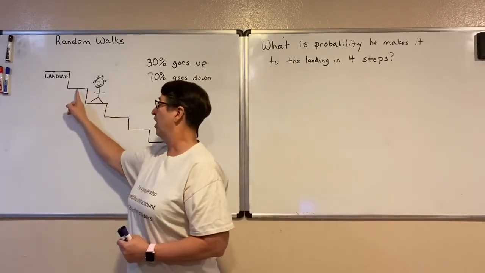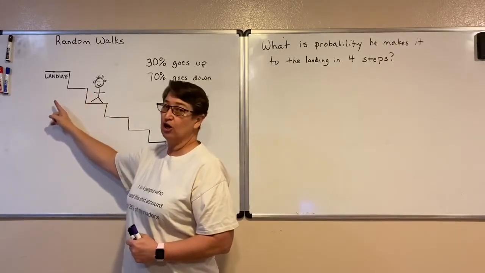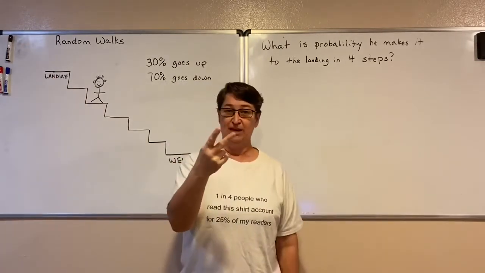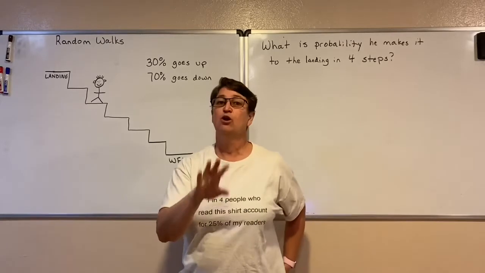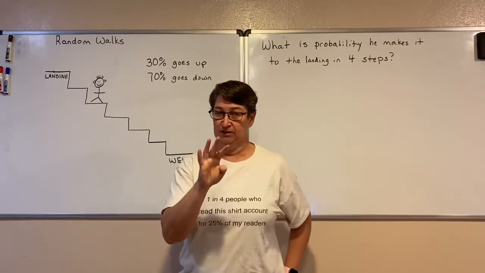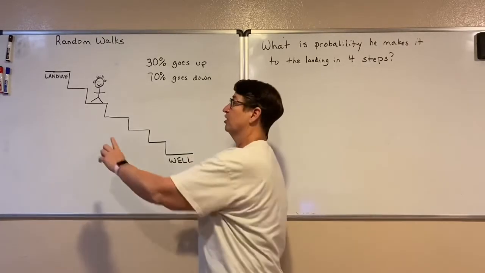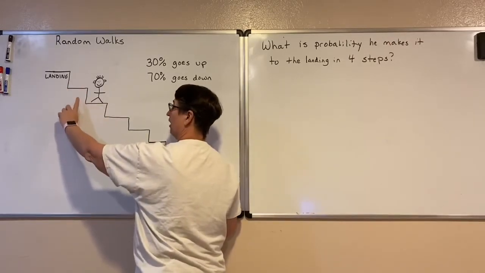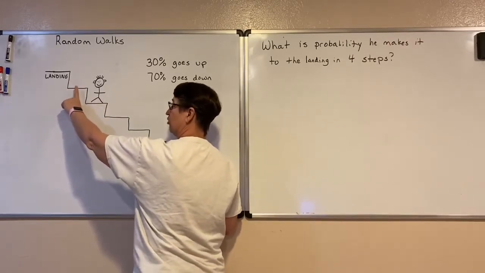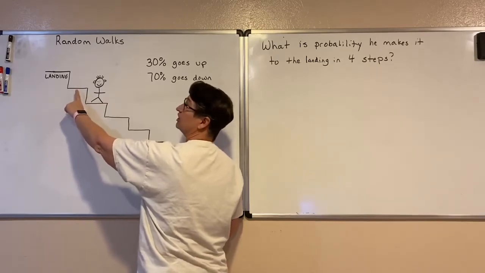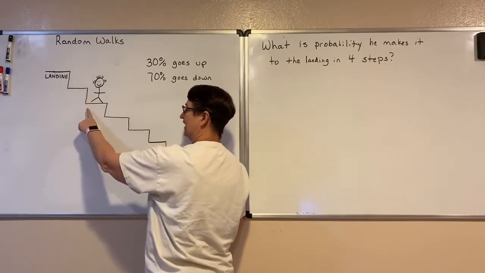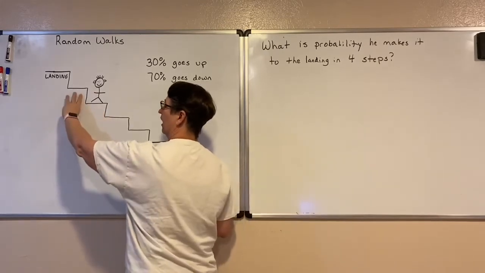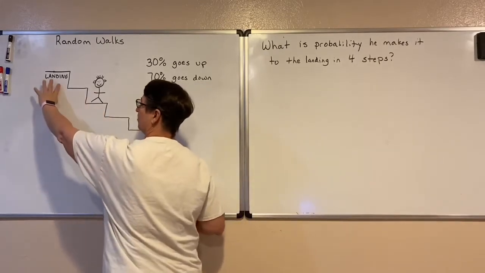Well, he could go up, but if he goes up again, he's at the landing and he's done. So he just made it to the landing in 2 steps. We want him to get 4 steps in this exercise. So going to the landing in 2 steps doesn't cut it. So instead, if he goes up, then in order to get to 4 steps, he'd have to go back down and then back up and back up again.